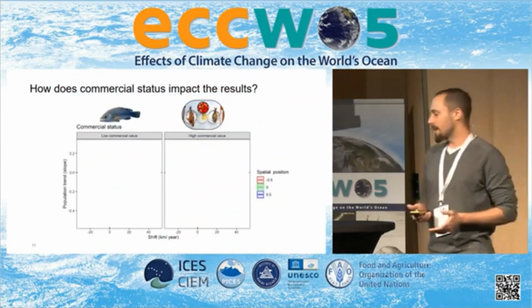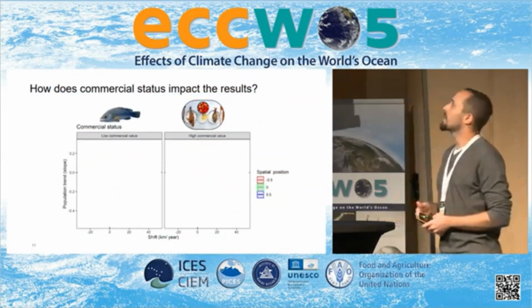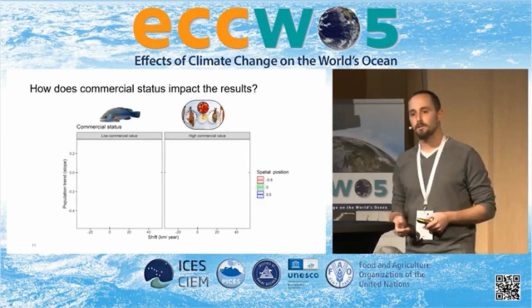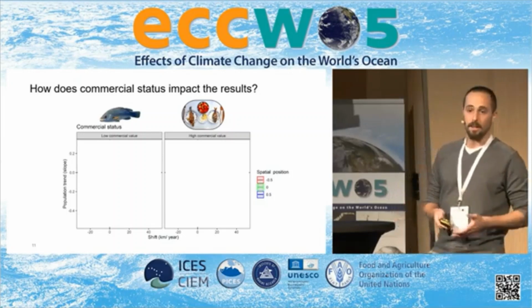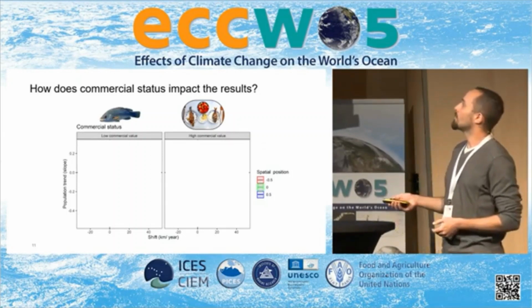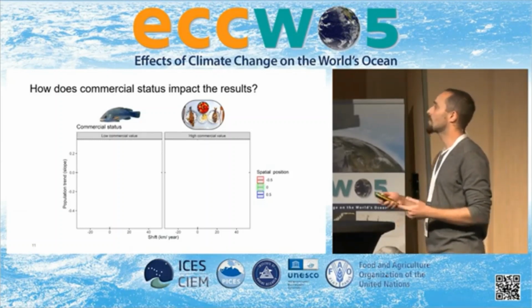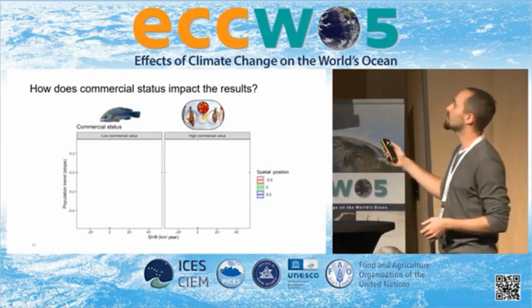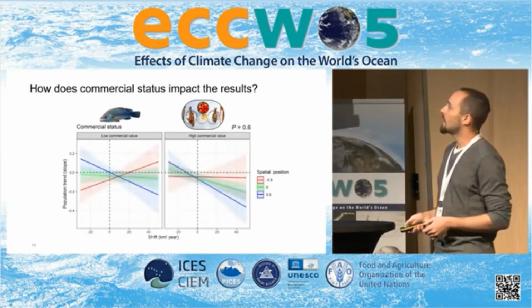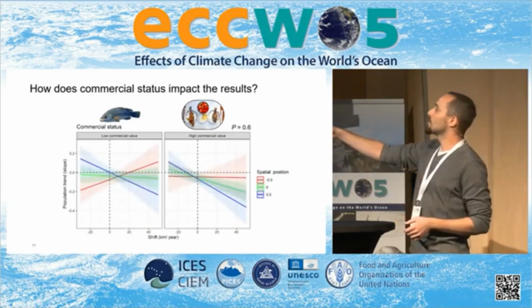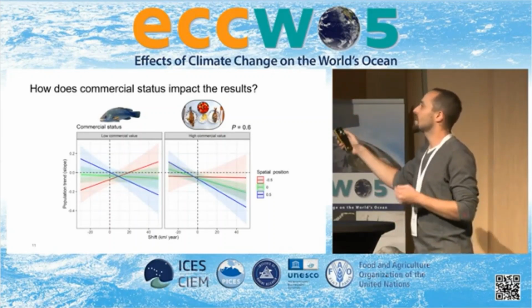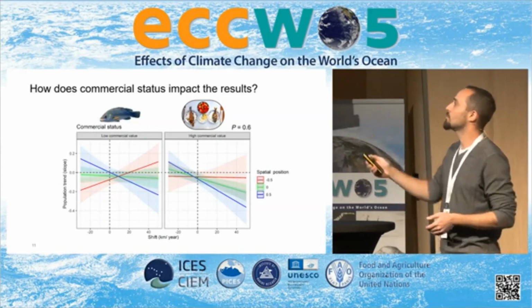Another analysis, the final analysis that I'll show here, examines the relationship with commercial status. We know that fisheries may impact population trends, and we categorized the species into low and high commercial values. We ran a three-way interaction term between shift velocity, spatial position, and commercial status, and we find a non-significant interaction, meaning we have no evidence that the relationship of population trends with shift velocity and spatial position changes according to the commercial status of the species.